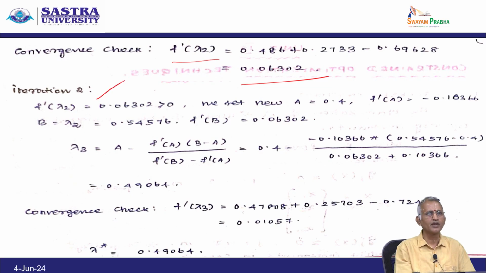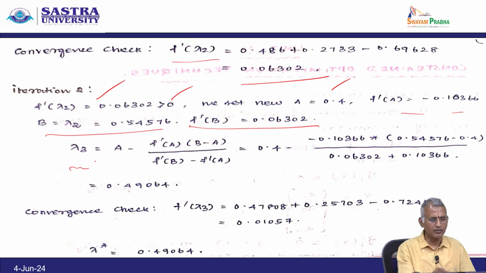F dash of lambda 2 equal to 0.06302 is positive. So we set new A equal to 0.4 and f dash of A equal to minus 0.10366, and B equal to lambda 2 equal to 0.54576. Therefore, f dash of B equal to 0.06302.